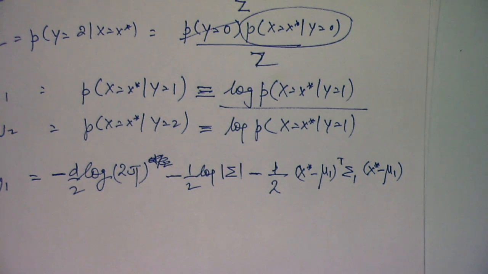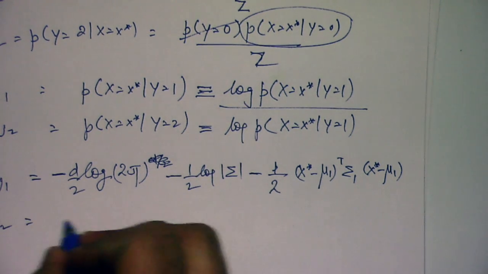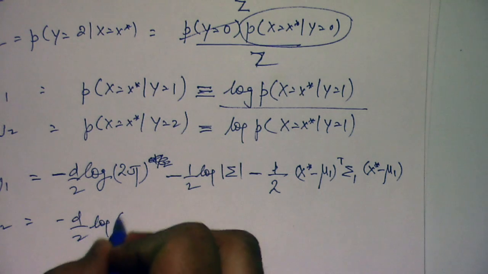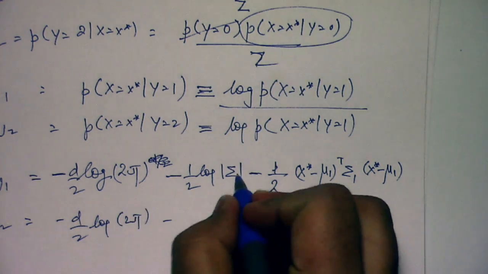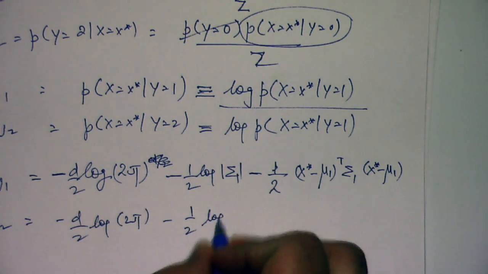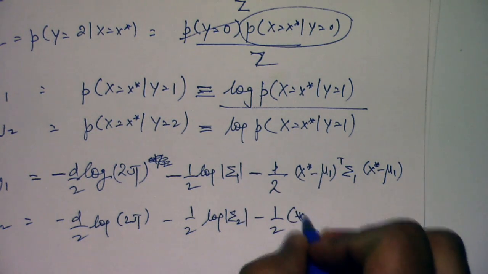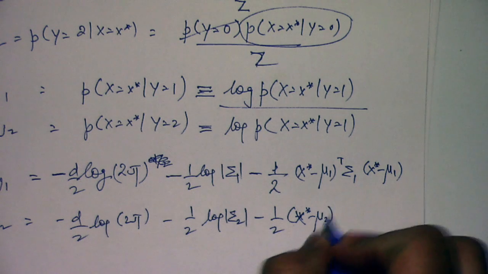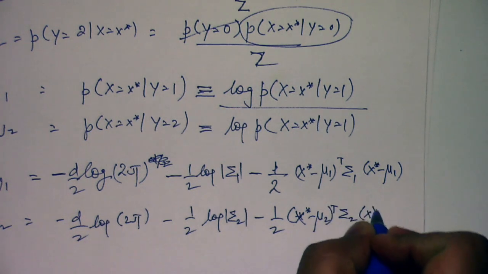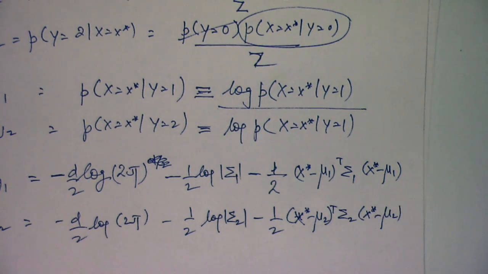Because I just took the log of the PDF. And Q2 is the same, with sigma 2: the log of the determinant of sigma 2, and (x star minus mu 2) transpose sigma 2 inverse (x star minus mu 2), right? So these are the two quantities that you compute.